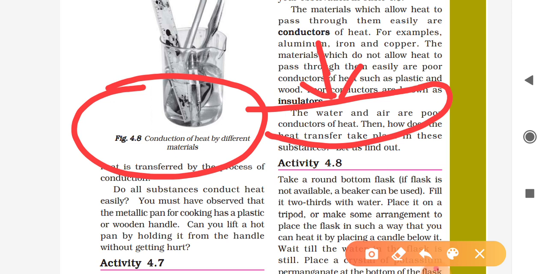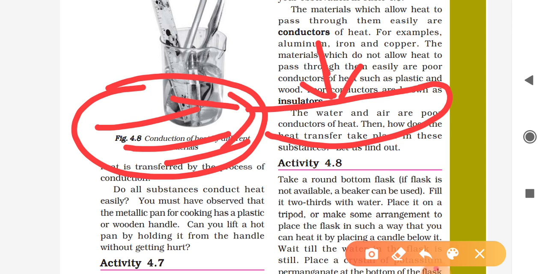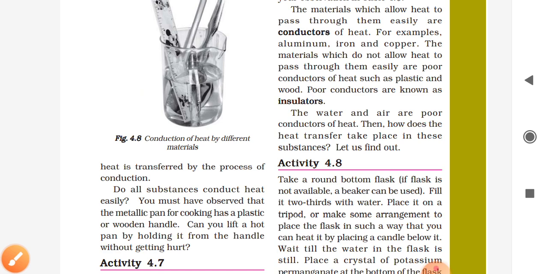It will not become hot due to heat transfer from this place, because these are called insulators. I know that in the 6th standard you already learned about conductors and insulators. We'll check again what conductors and insulators are.